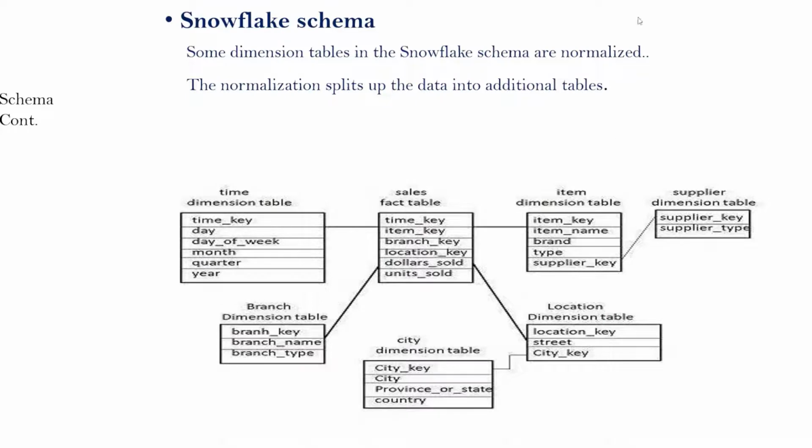As we saw in the previous example, the central table is called the fact table, this one, and all of these are called the dimension tables. However, a dimension table can again have another dimension. For this particular dimension table, the item table is a fact.